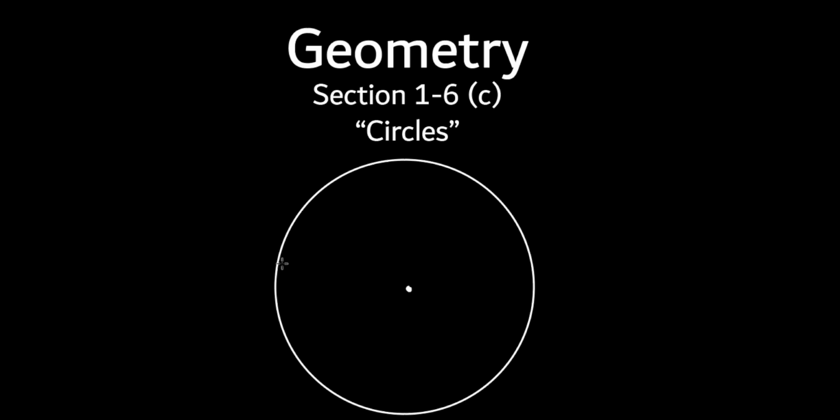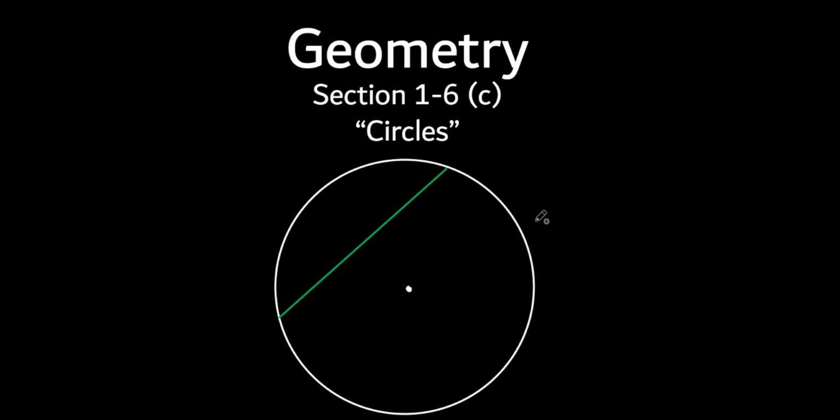So a chord, basically what it does, it connects 2 points on the circle. It's a line segment, has a starting point and an end point, and so it connects 2 points on the circle. So let's start here and go to here. What did I just draw? That's called a chord. Is a radius a chord?